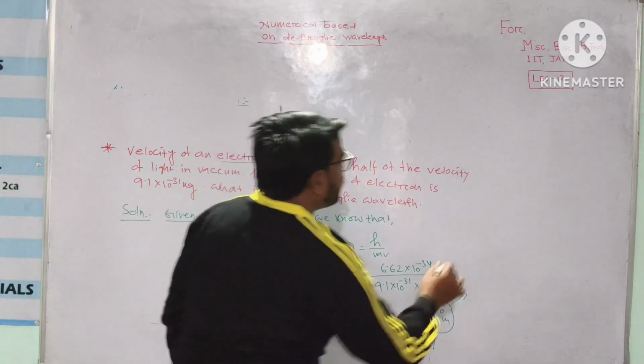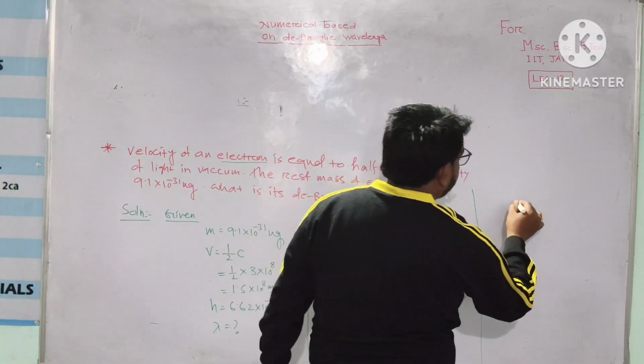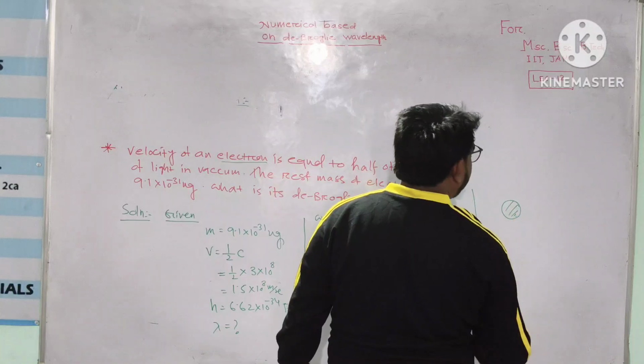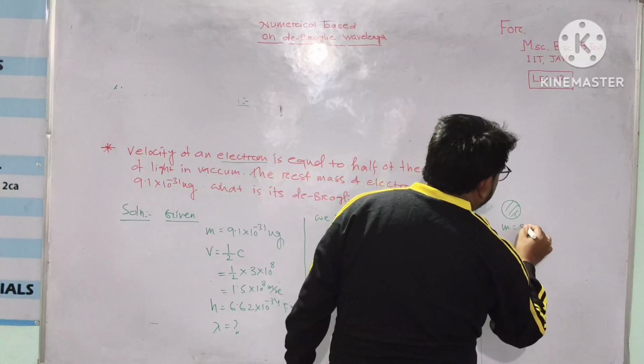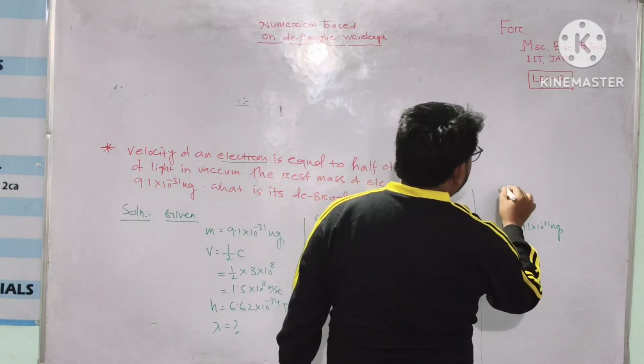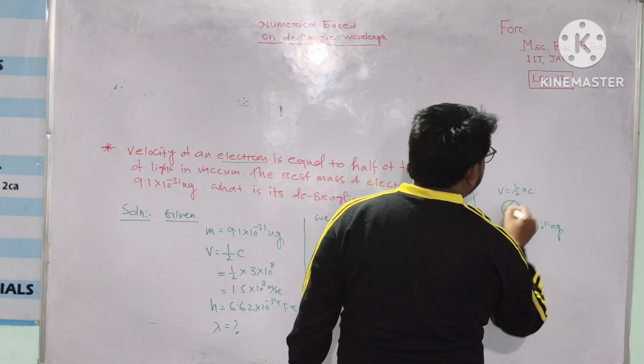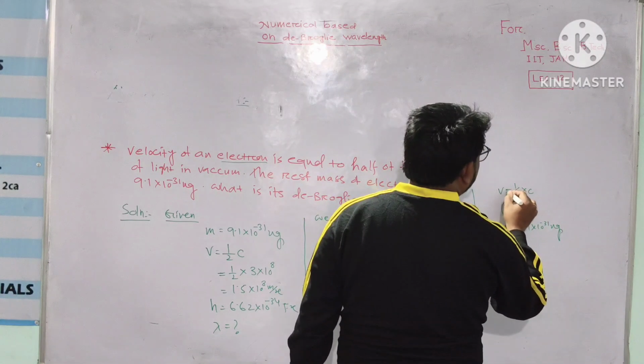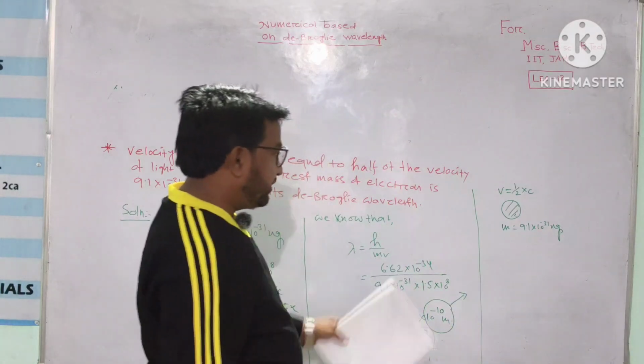The concept of this question: suppose this particle is an electron, and its mass equal 9.1 into 10 to the power minus 31 kg. And its velocity is half of the speed of light.